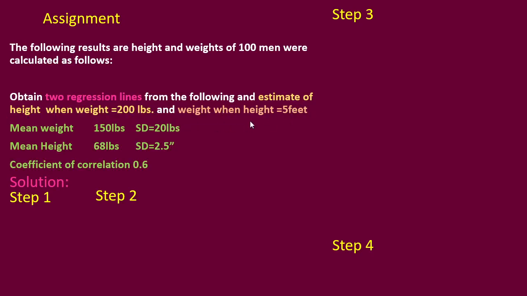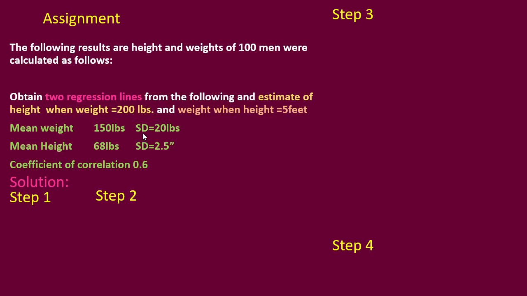Height and weight information is given. Based on this, you should find out the two regression lines as well as the estimation of weight and the estimation of height. They have given mean weight and mean height. And here SD indicates the standard deviation. They have given the standard deviation directly, so no need to calculate the standard deviation once again.